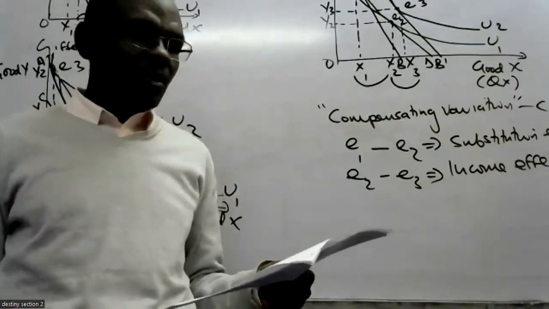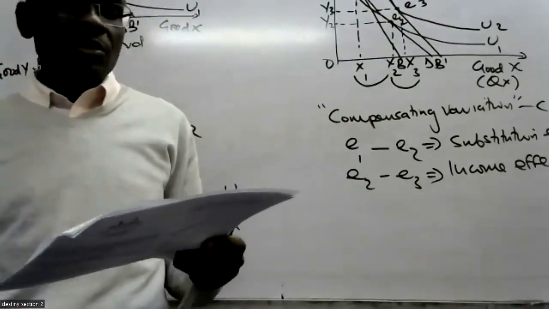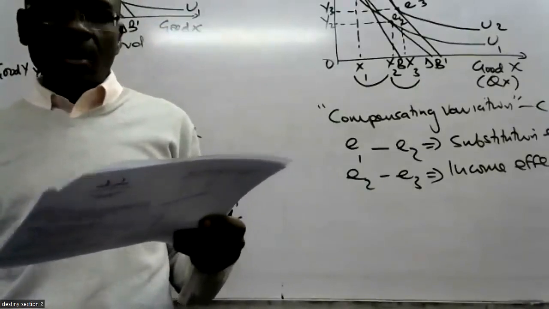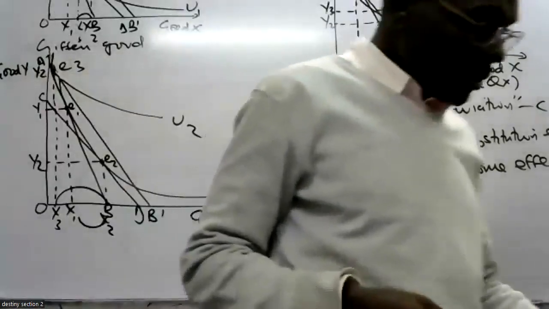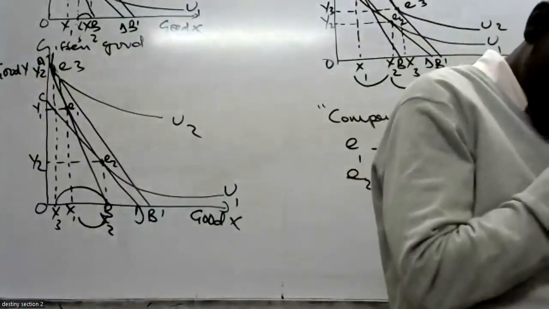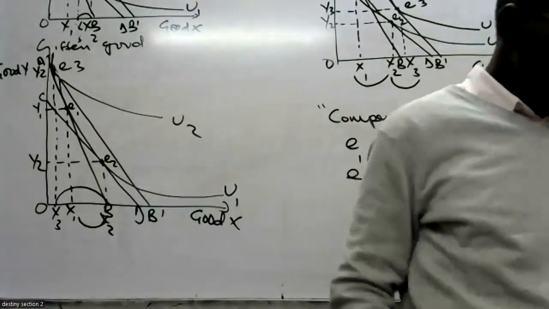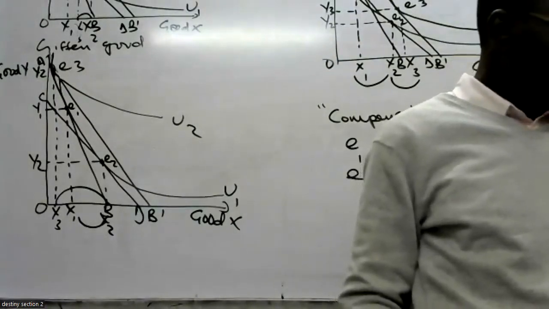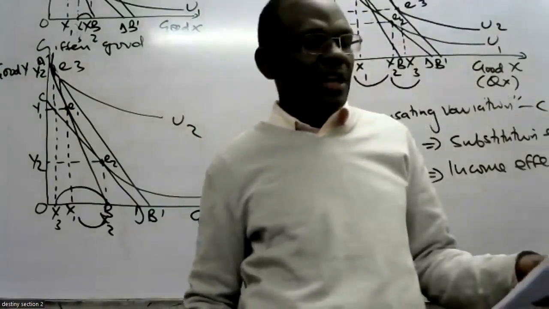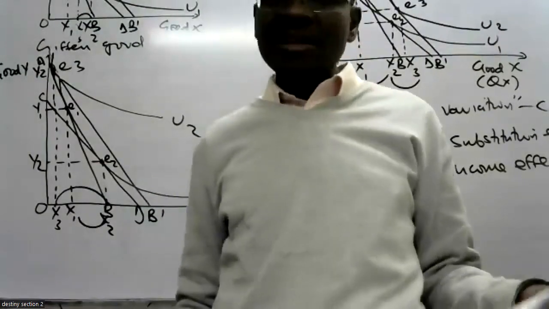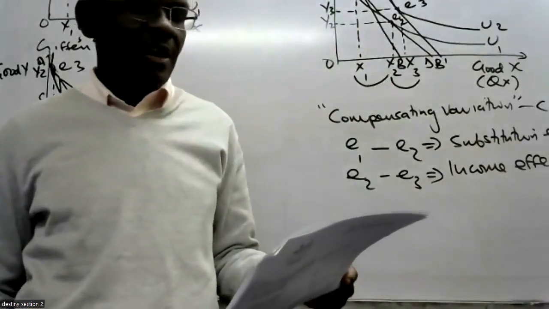So the shape of the consumer's Engel curve will depend on the nature of the commodity and on the consumer's tastes and preferences. For a normal good, like the one shown for commodity X, the Engel curve will slope upwards from the left to the right, like the curve you can see there.